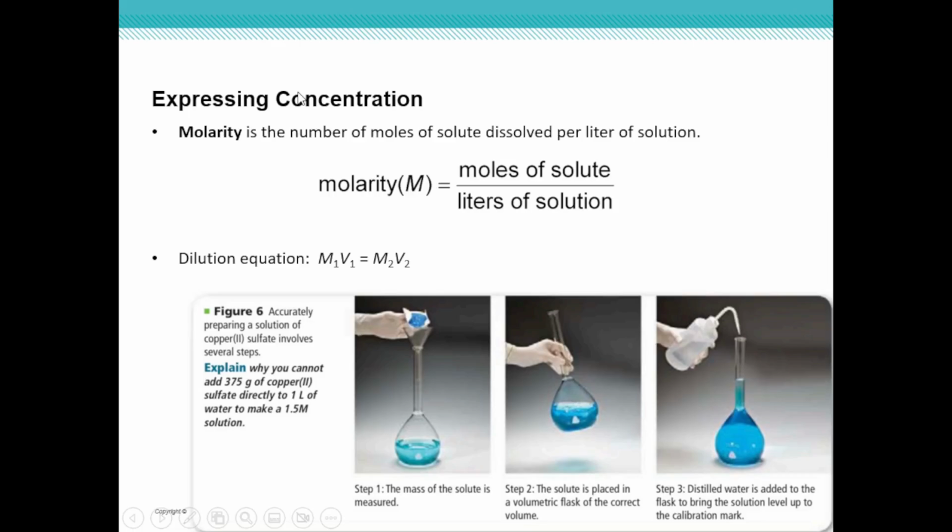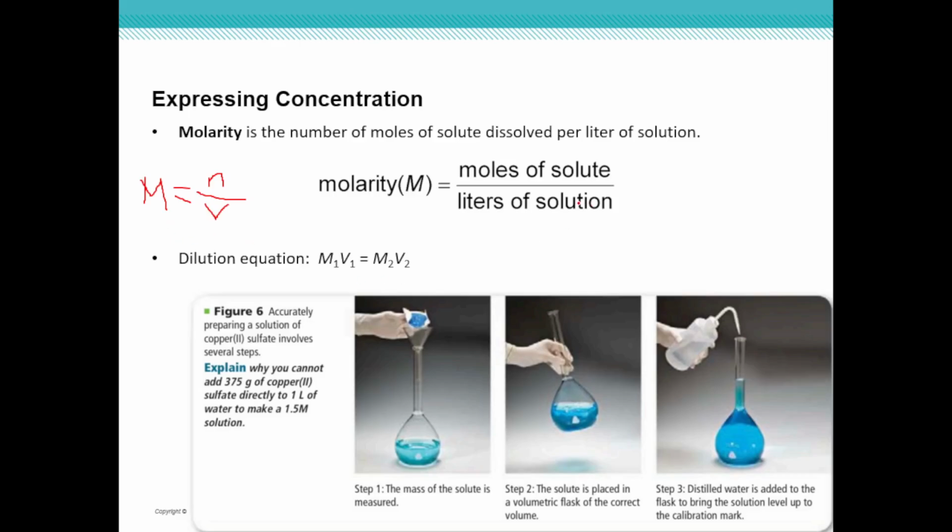So oftentimes, to remind myself that I need to have liters of solution instead of just volume, true to form, the variables would be a capital M is equal to the moles of solute, N is the variable for that, divided by a capital V for volume. That would be the true variable format of this equality.